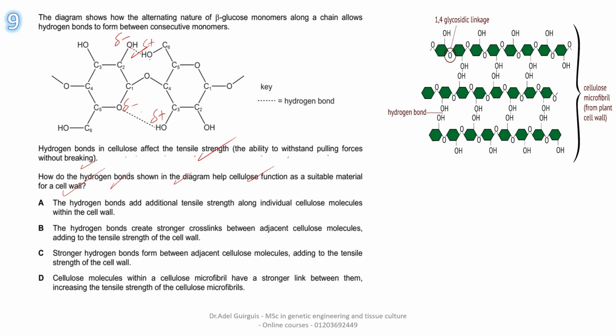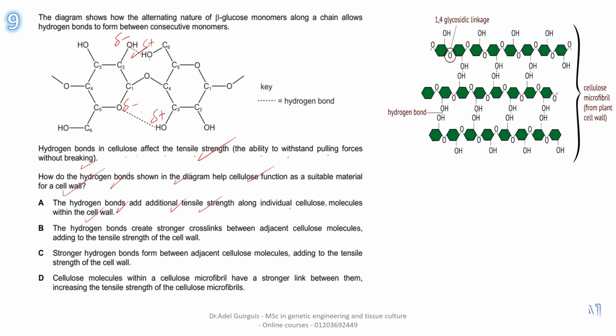Each hydrogen bond individually is a very weak bond. So the hydrogen bonds add additional tensile strength along individual cellulose molecules within the cell wall. Yes, it actually adds tensile strength.